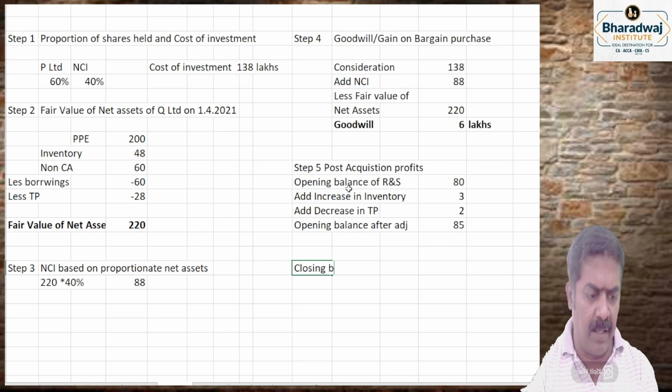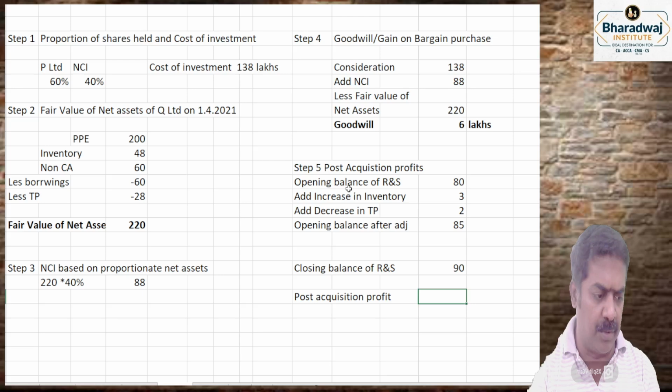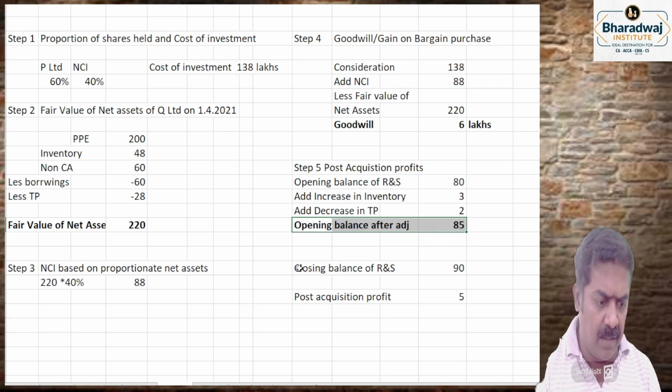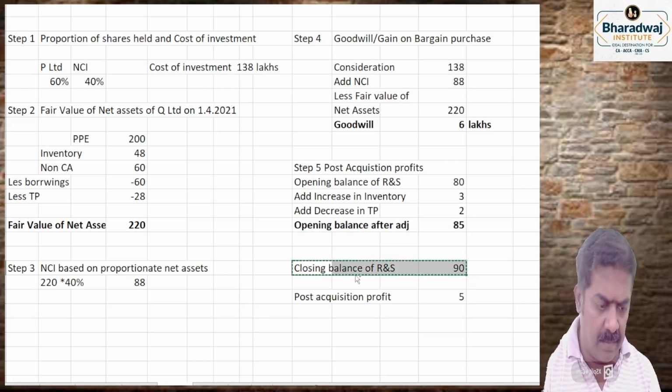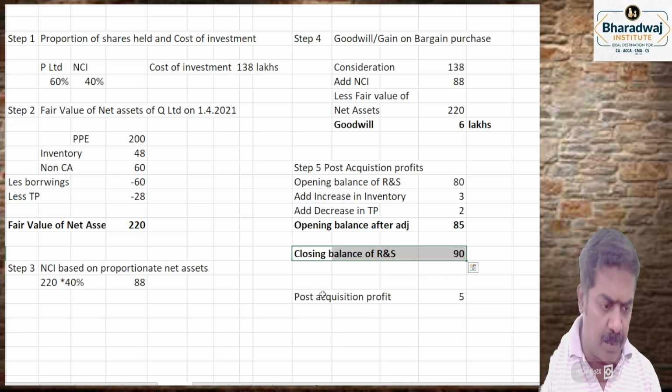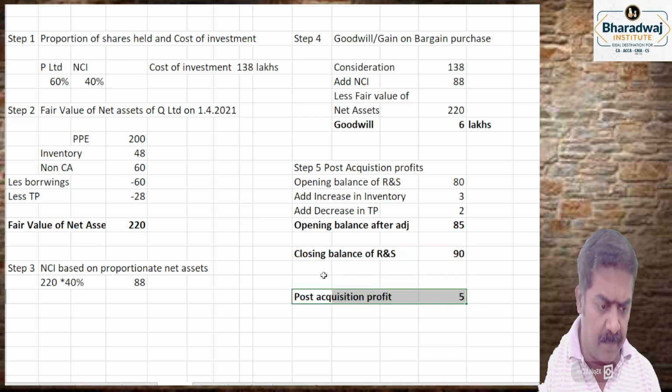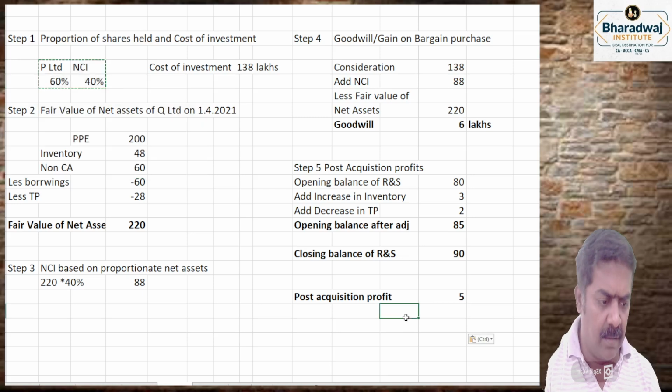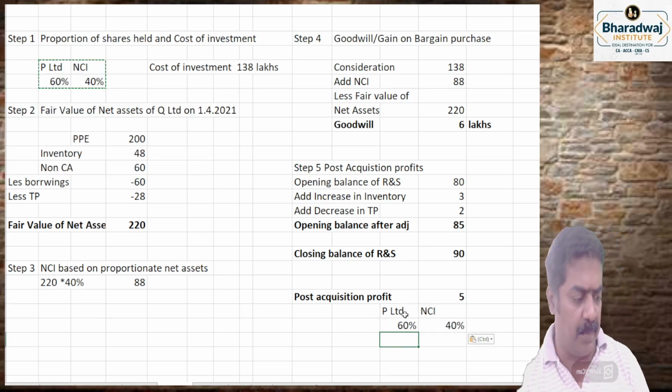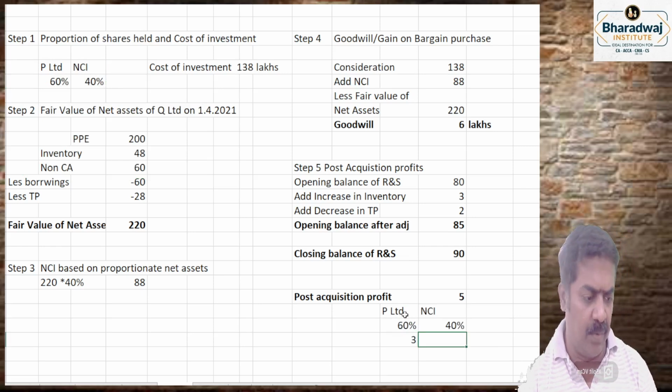What is the closing balance of reserves and surplus of the other company? 90 is given. So what is the post acquisition profit? 5. Opening balance 85, closing balance 90. Therefore post acquisition profit is how much? 5. This will be shared by holding and subsidiary company in 60/40 proportion. 3 and 2 will come.